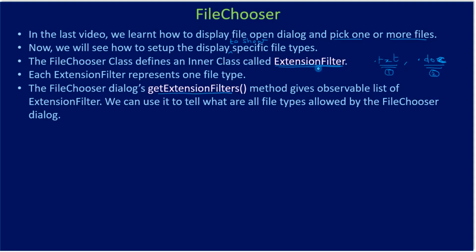This will give an observable list of extension filters, and since here we have 2 filters, we can add them to the return value of this get extension filters method. We know that it will give an observable list of extension filters. So once we retrieve the observable list, we can make a call to the add or addAll method to add these 2 extension filters.